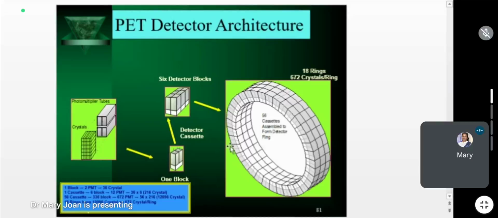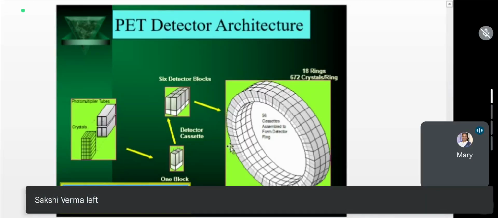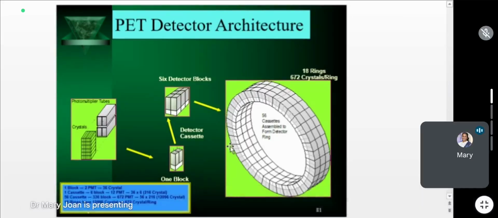So in one block 2 PMTs, 36 crystals, and one cassette 6 blocks, 12 PMTs, so that results in 216 crystals, and 56 cassettes, 336 blocks and 672 PMTs, resulting in 12,096 crystals, and 18 rings, so 672 crystals per ring.